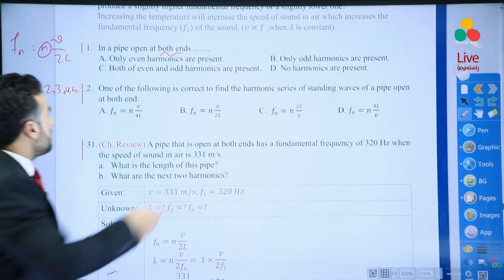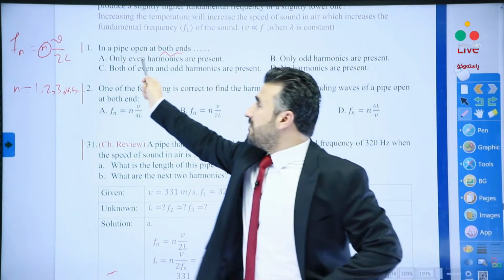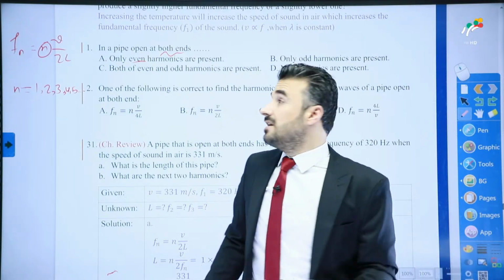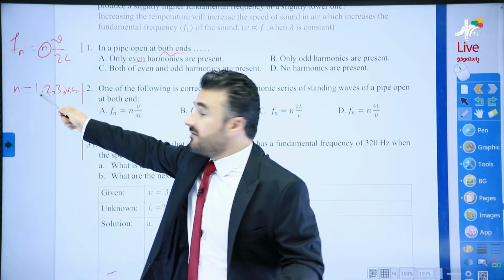The first option says only even harmonics are present, like 2, 4, 6, 8. Is this correct? No, because we have both odd and even ones.